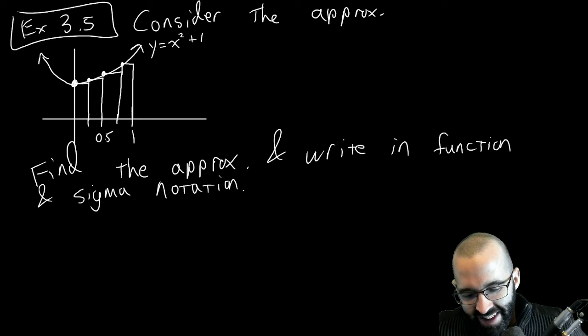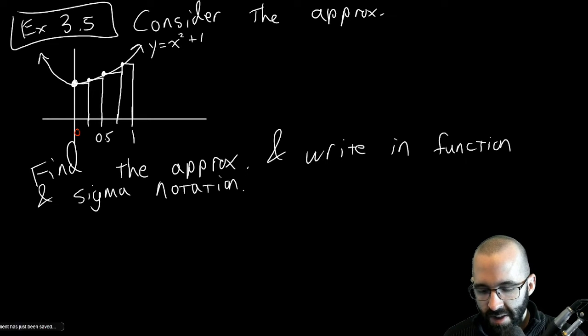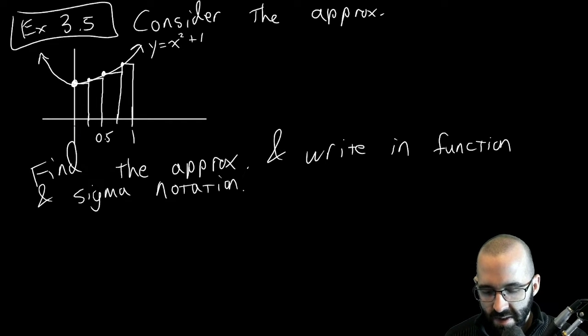Okay, so find this approximation. Well, all we have to do is add up 4 different rectangles. Well, what's the length of the rectangles? They're all the same size. Well, the first rectangle is 1/4 in the width. The second rectangle, wait, they all have the same width, right?